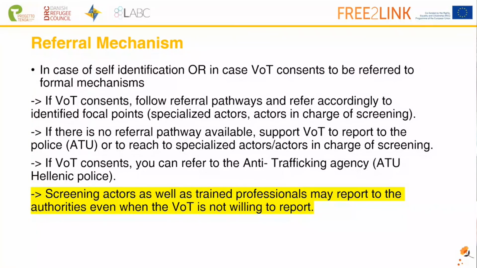The person who is engaged, for example, in the preliminary identification can also support, accompany, and help the victim of trafficking to reach out to the specialized actor or the actor who is in charge of the formal identification interview process, etc. And of course, if the victim consents, you can refer directly to the anti-trafficking unit of the Hellenic police, where there is specialized staff fully trained to perform this type of interview, and who works, of course, closely with the prosecutor.